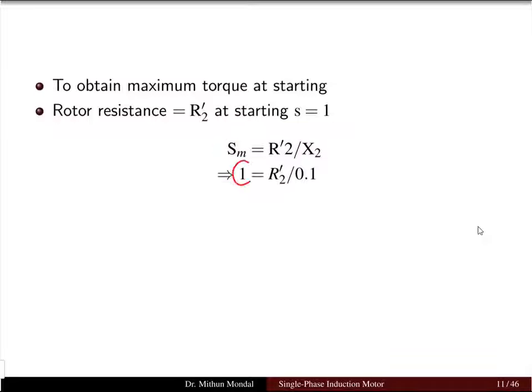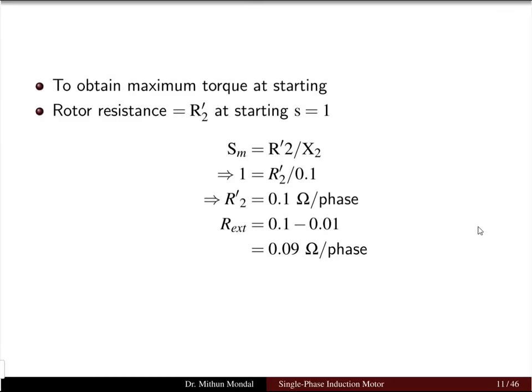Here the slip value is 1, and the rotor resistance we have to calculate, since the maximum torque is required at the very beginning, that is at the starting condition. So the rotor resistance now comes to 0.1 ohm per phase, but it is asked what extra resistance we need to add in the rotor circuit. We already had 0.01, which we subtract from 0.1 ohm. So the external resistance is 0.09 ohm per phase.